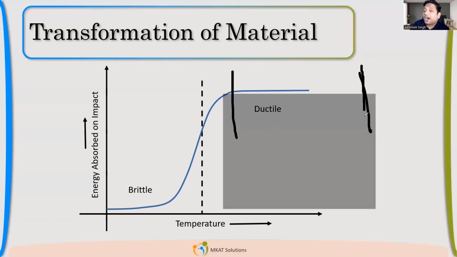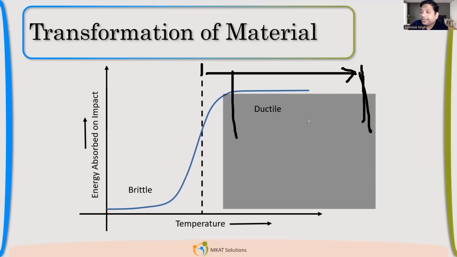Now, if I'm very far away from this NDTT, this is the NDTT line, right? If I can perform some calculation which gives me an indication that I'm very far away from NDTT, then I don't need to perform actual impact testing.